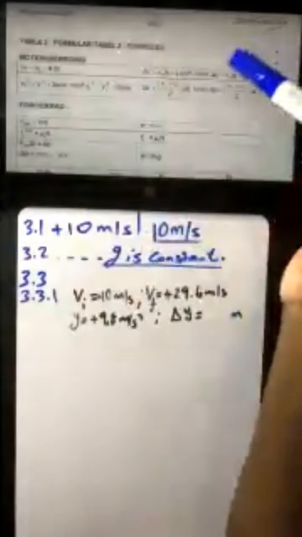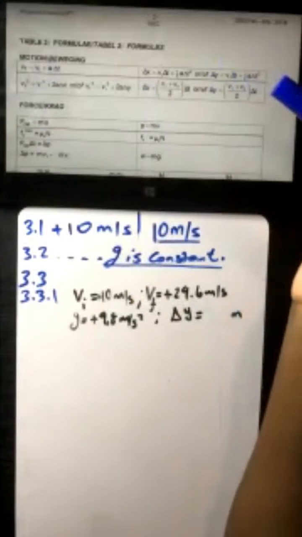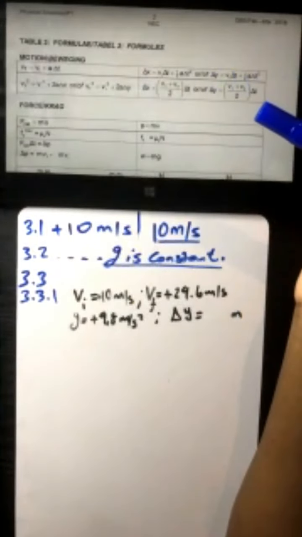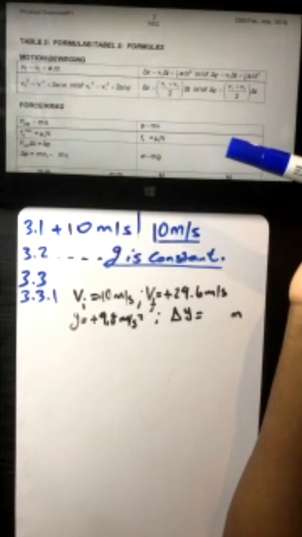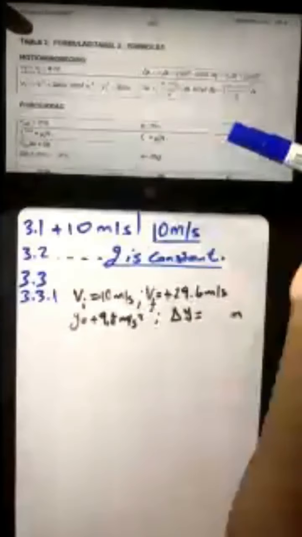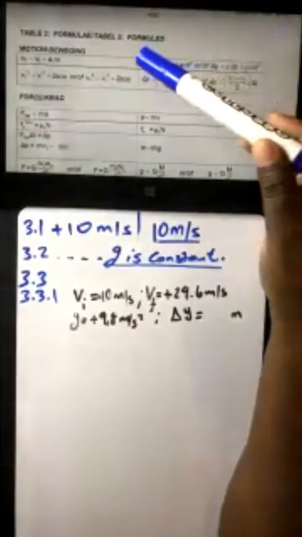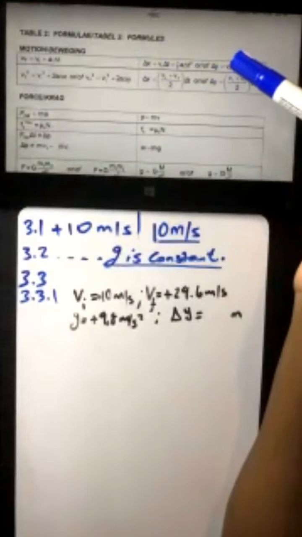Let's check if we can use that formula. Remember, there are multiple ways in which you can answer this question, but at all times, try to find the simplest method. So let's see. We've got delta y, we've got V initial, time.